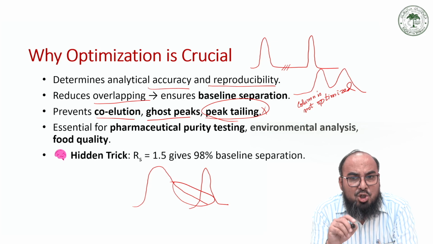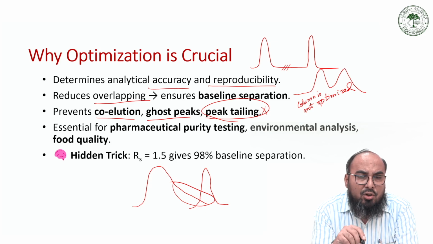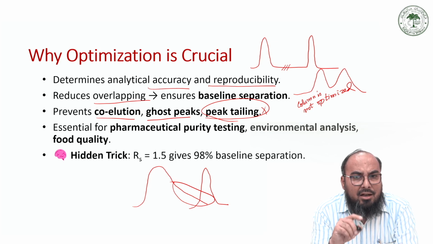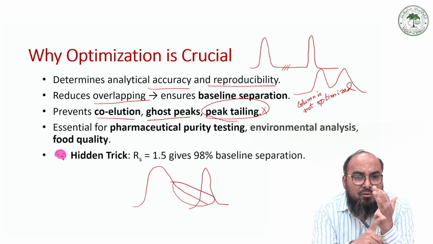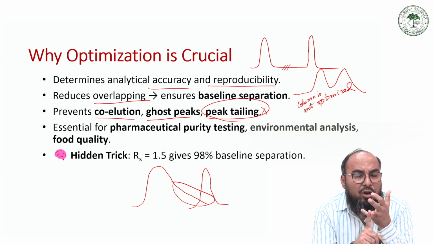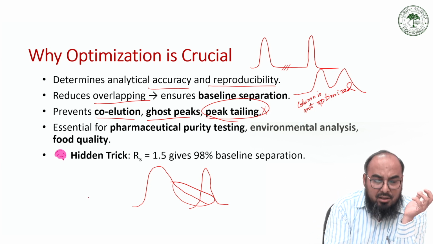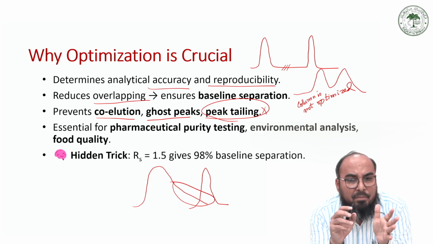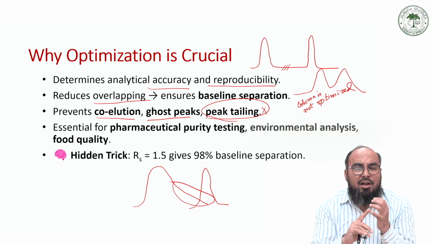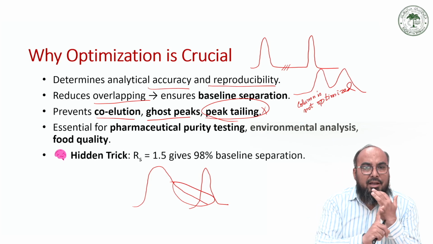While undergoing practical analysis, we have to ensure all these factors: the peaks must be well separated, there must be no coelution, the peaks must not overlap onto each other, there must not be additional peaks, and of course there must be no fronting or tailing.